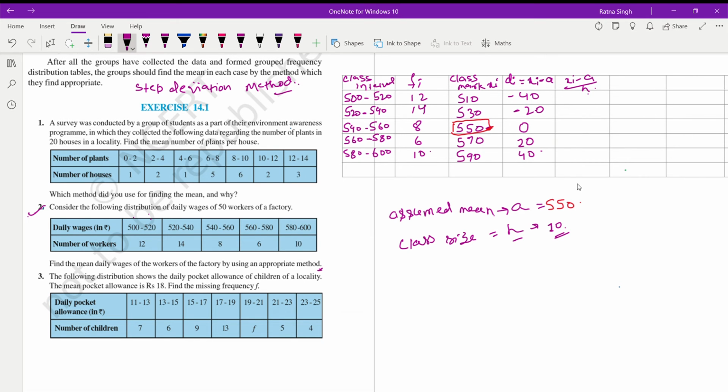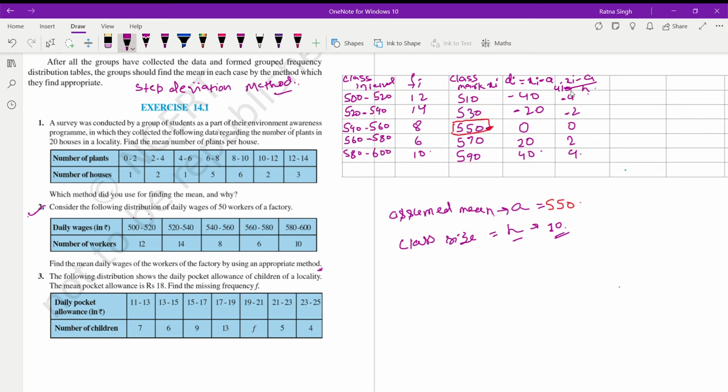So we take class size as 10 and divide by H. When we divide minus 40 by 10, it gives minus 4. It gives minus 2. It is 0 again, 2 and 4. And it is equal to ui.